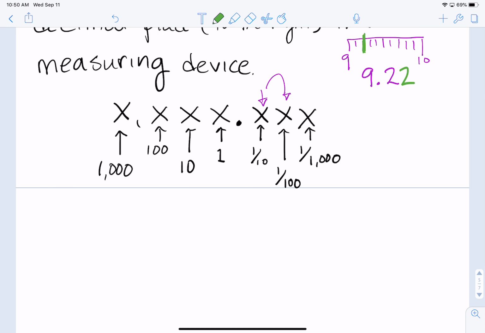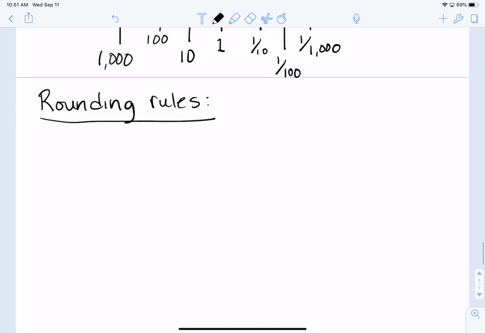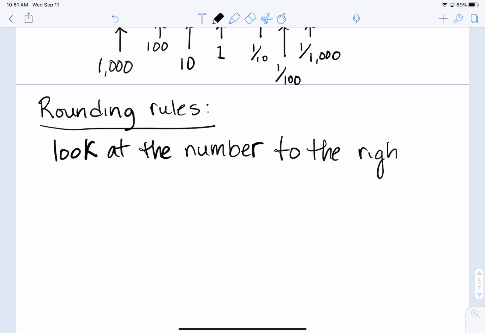The next and last thing I'd like to talk to you guys about is rounding. So the rules for rounding, you look at the number to the right of where you're rounding.